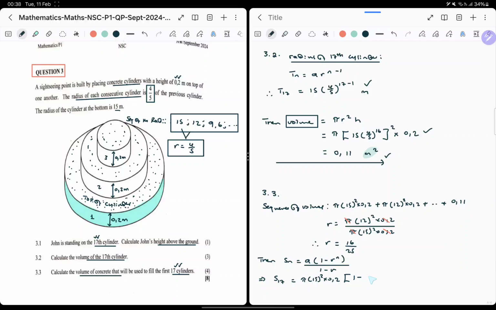It's going to be 1 minus 16 over 25 raised to the exponent 17, all divided by 1 minus 16 over 25. Now, I don't like to write my answers like that, but due to space, I'm going to force it there. So let's do this calculation, as crazy as it is.